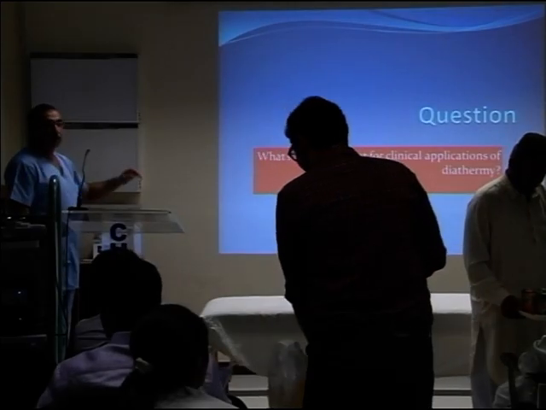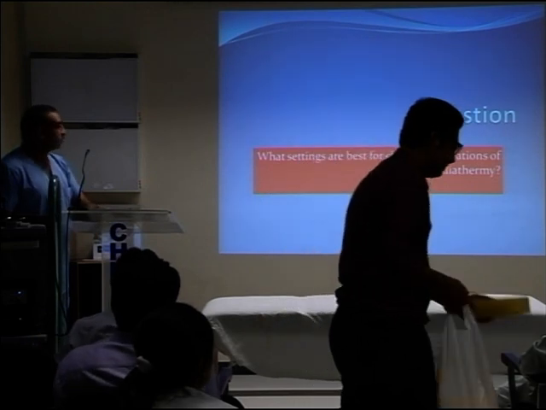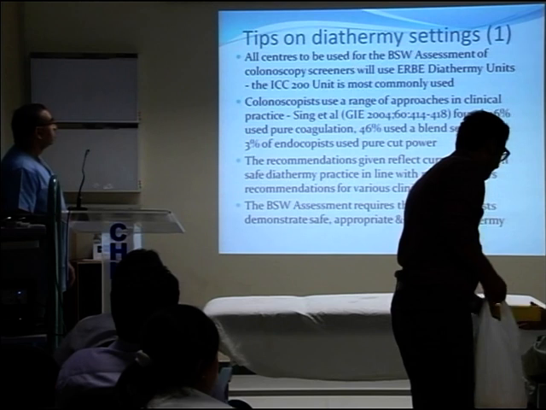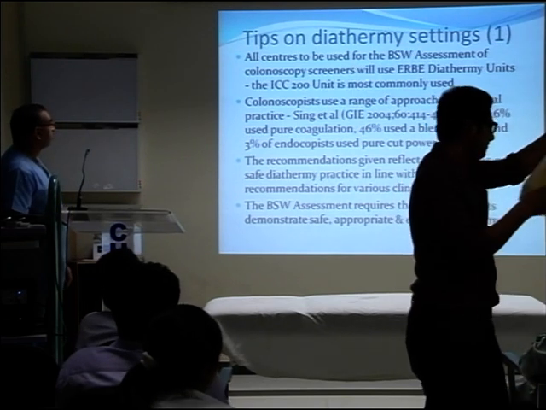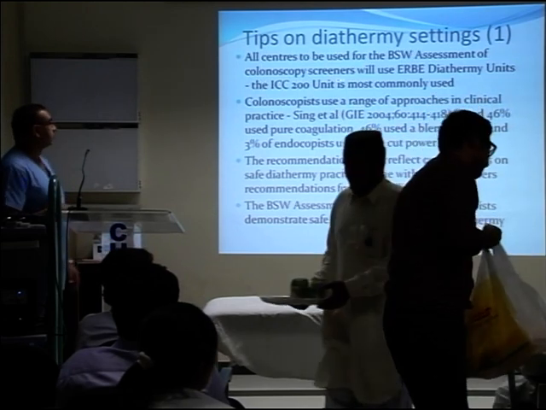Now, I've got these settings for some of the older machines, so if they are in your department, you can use them. If not, then what we were using when we started bowel screening was the ICC 200, which is now obsolete.